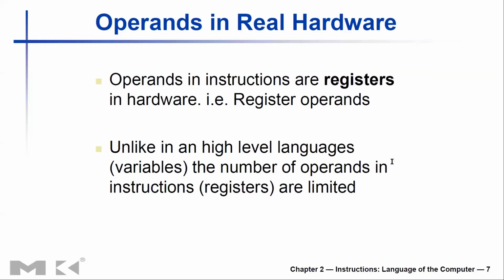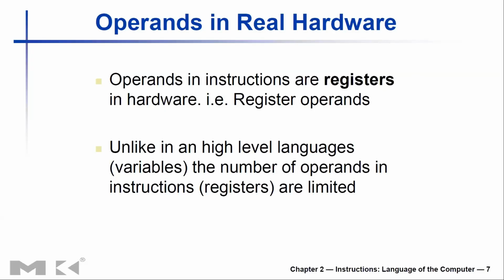Registers are things that can store data. An 8-bit register is made up of 8 D flip-flops, which I think you all know by now, and these registers are the ones that are going to store these operands.